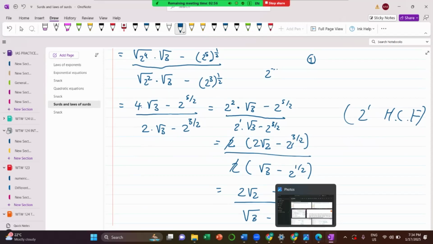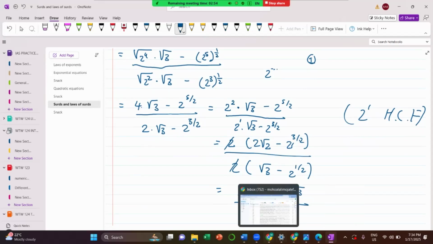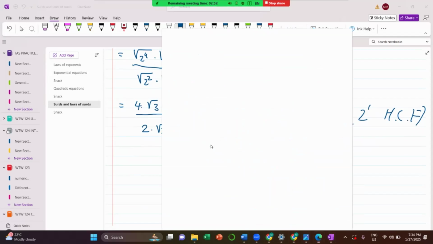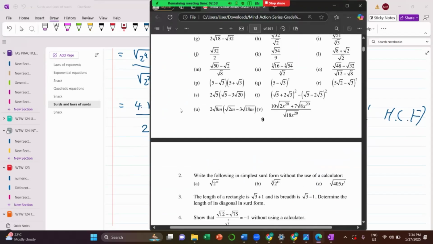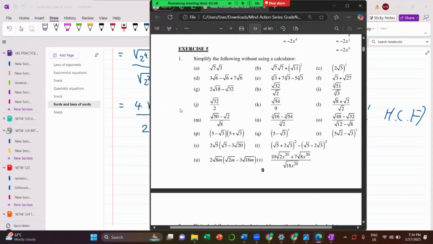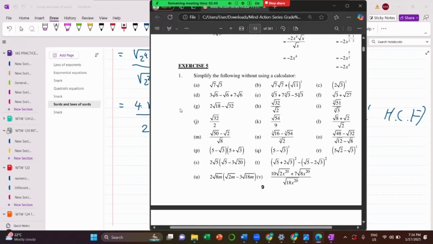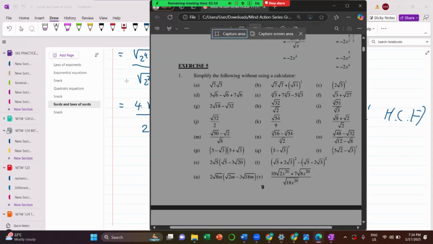remaining 3 minutes. I just want to find a small problem that we can just possibly do. I think G can be a small problem that we can tackle.